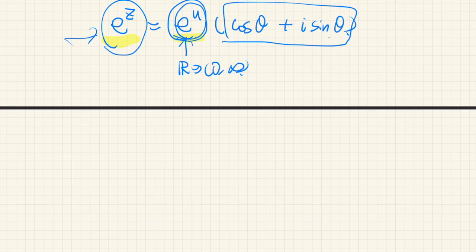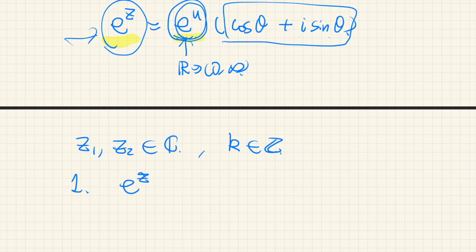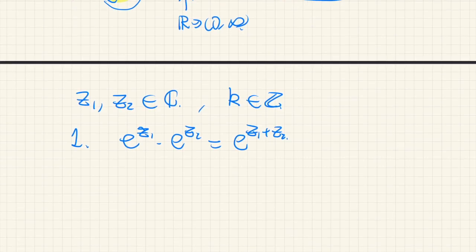So here's the lemma. If we have two complex numbers, z1 and z2, and an integer k, we have the following. 1, exponential of z1 times exponential of z2 is equal to exponential of z1 plus z2. So the exponential of the sum is the product of exponentials.